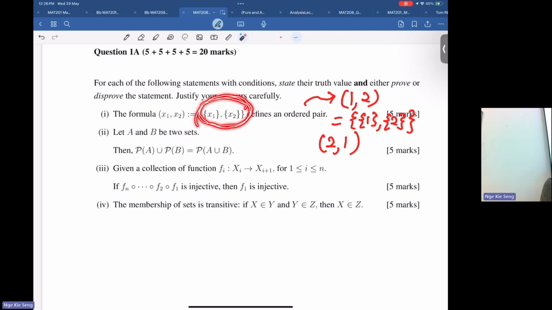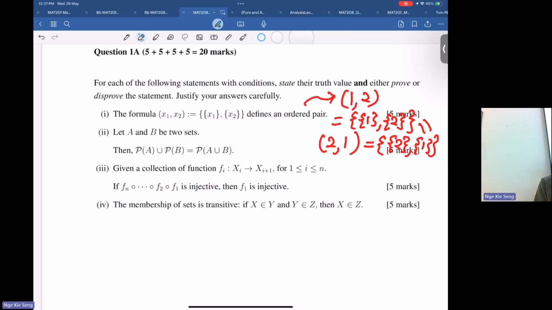Look at here, don't think anything else. How about (2, 1)? A set containing 2 and a set containing 1. So are these two sets equal or different? Equal. So you cannot differentiate (1, 2) and (2, 1).